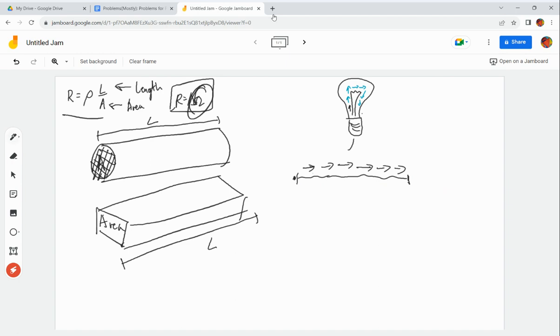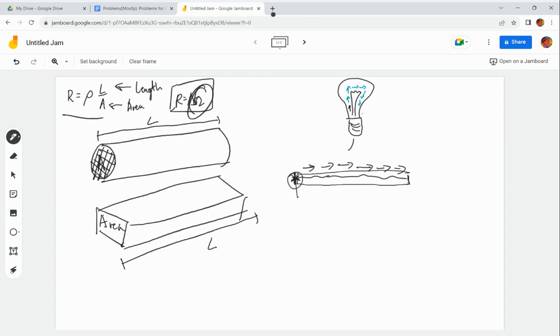What does that mean? Well, this basically means there's no resistivity. But let's just say in this case we have something like this, and then we have some notable interest over here.